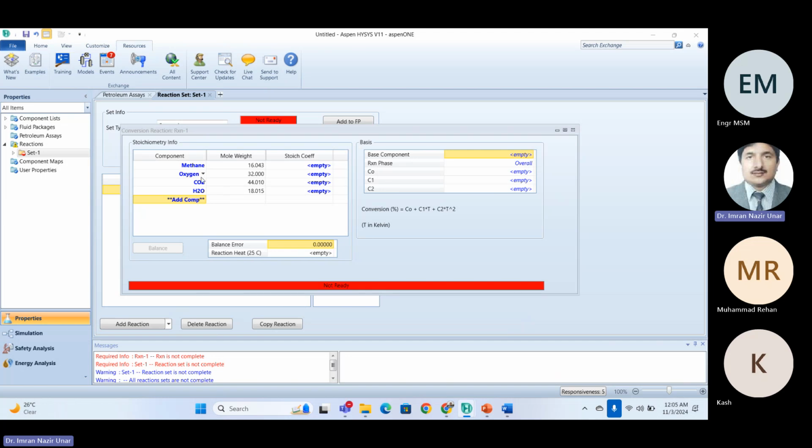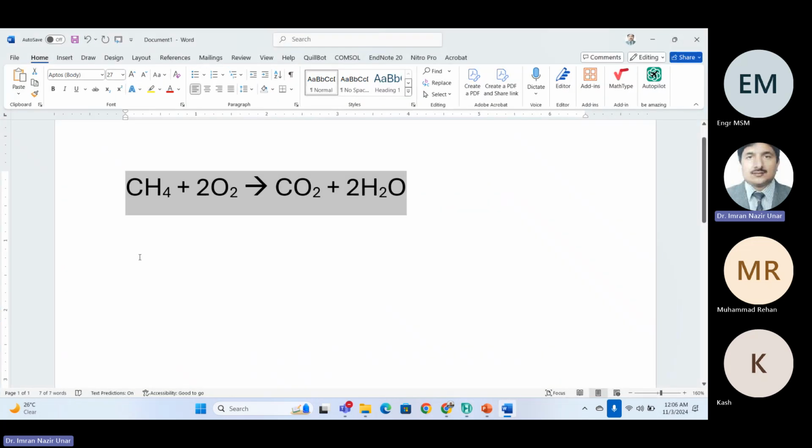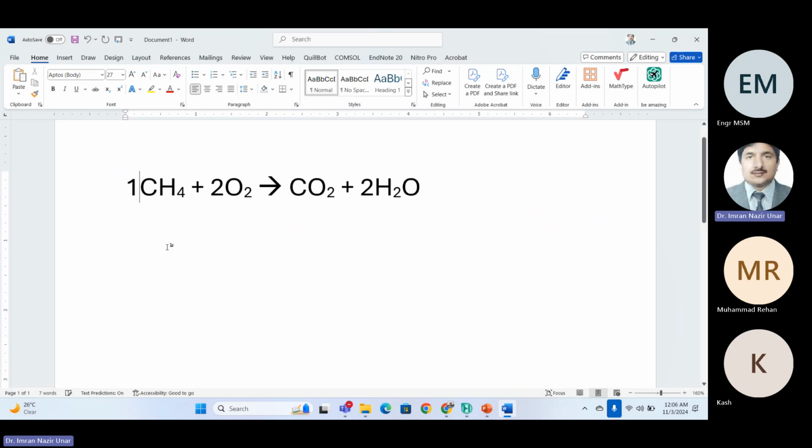Okay, now after selection of all components, on the stoichiometric coefficient you have to put the stoichiometric coefficients of the reactant species. For example, reactant side methane. If there is no stoichiometric coefficient, it means 1 mole of methane reacts with 2 moles of oxygen.